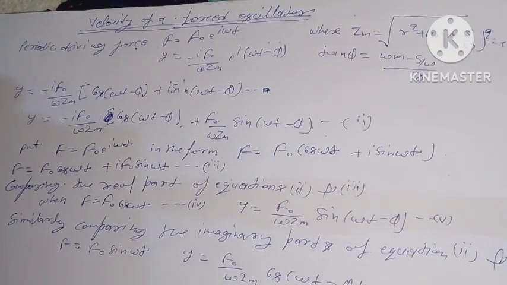The velocity of a forced oscillator is defined as the rate of change of displacement with time. We shall calculate the value of velocity.